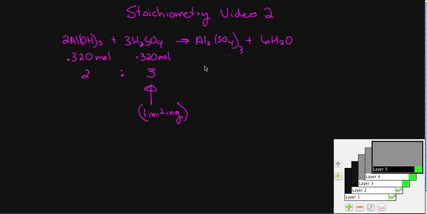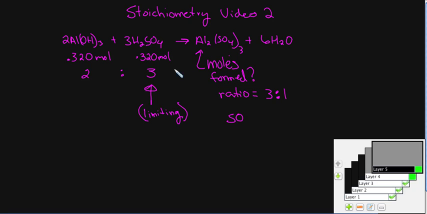And so now we need to figure out the amount of moles of aluminum sulfate. So if we look at aluminum sulfate, what's the ratio here? We have a 3 to 1. So this particular product is going to have 3 times less the amount of moles as this. Well, how do we figure out something that's 3 times less? We divide by 3. We want to figure out how many moles of this were formed.